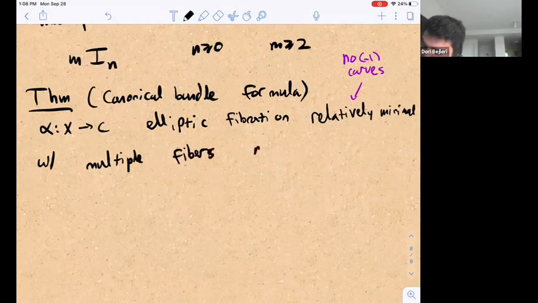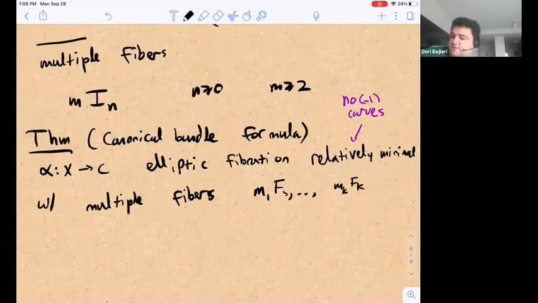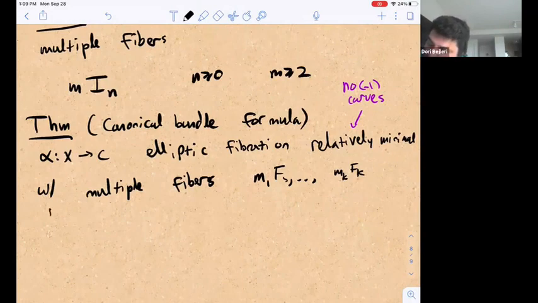That we'll list out. Maybe it has M1, F1, through MK, FK. So these are all the list of fibers that are in this last category, where the full fiber is some multiple of an I_N. Then the canonical bundle of X is given by the following formula.